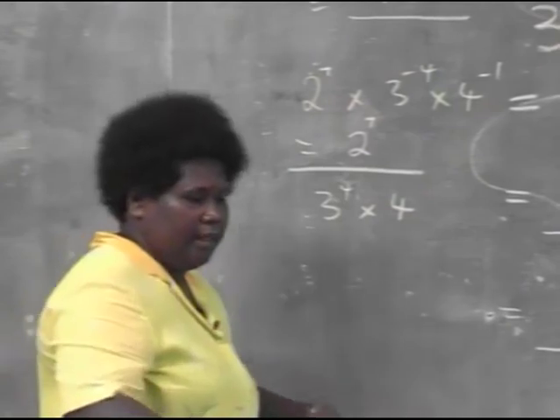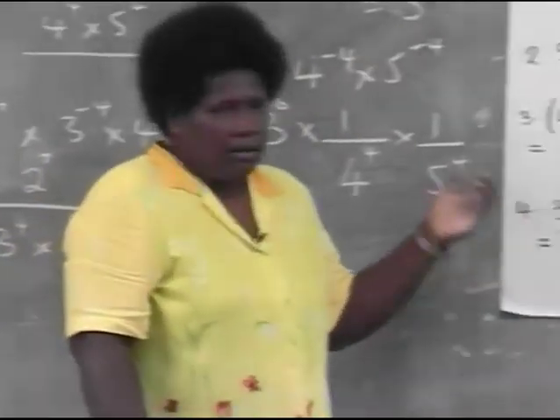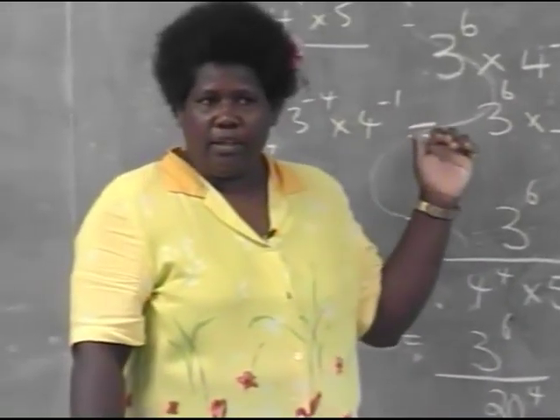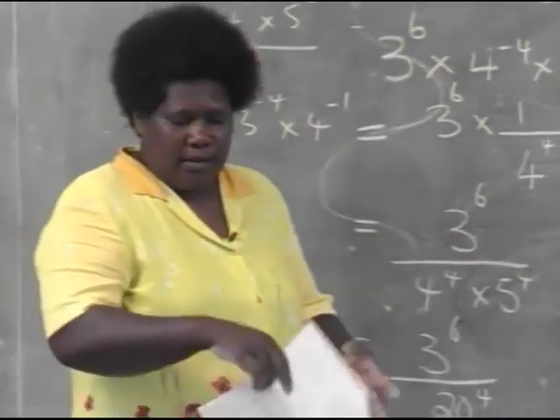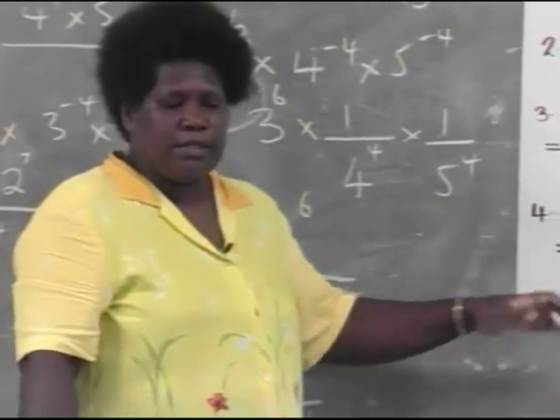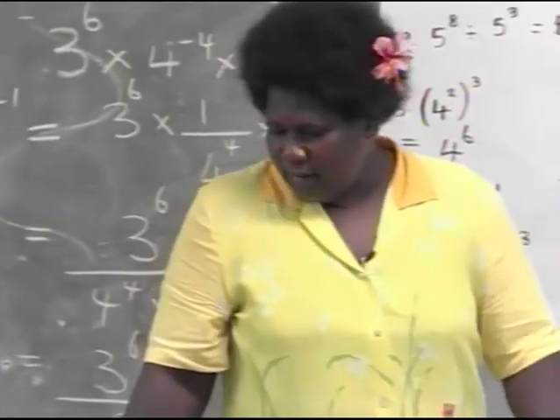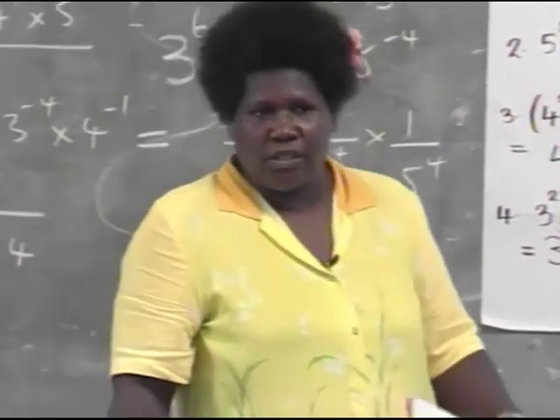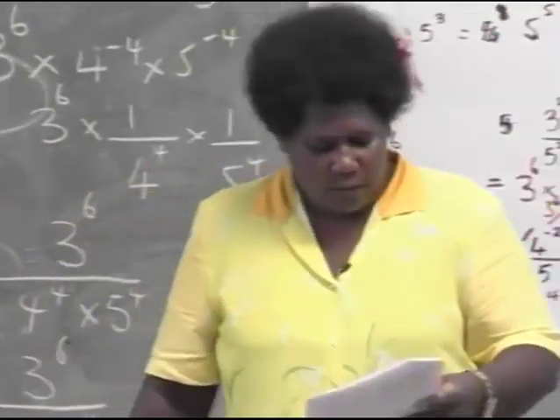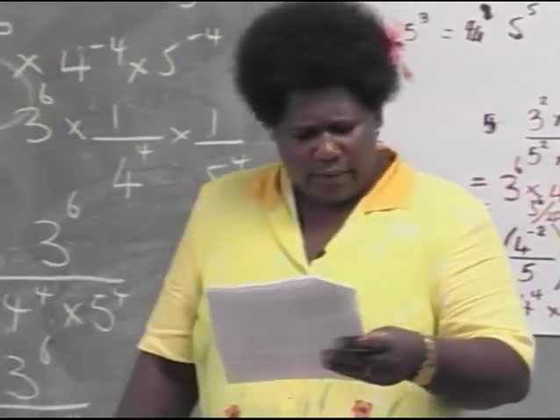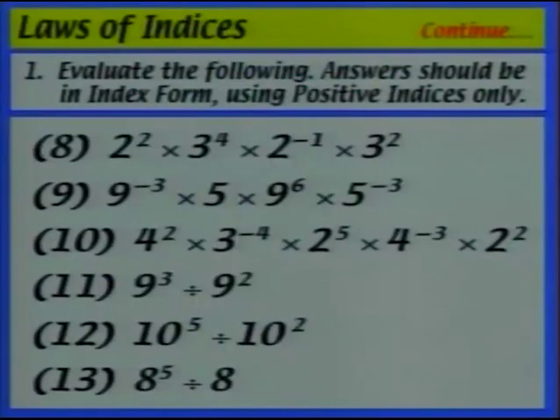So make sure you learn that. The reason is when we do algebra, you are going to apply the same rules, but because they are not numbers, you cannot really simplify that much. Please make sure you understand what we are doing.